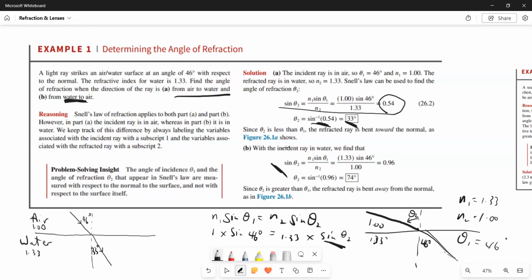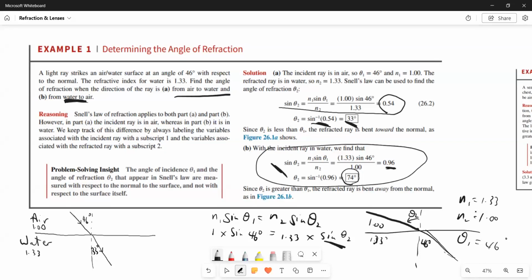So you do the necessaries there, and you get sine theta 2 being 0.96. Sine inverse of that is 74 degrees. Right, so theta 2 is 74 degrees, which we expect. It's going to be a speeding up. It's going to move away from the normal.